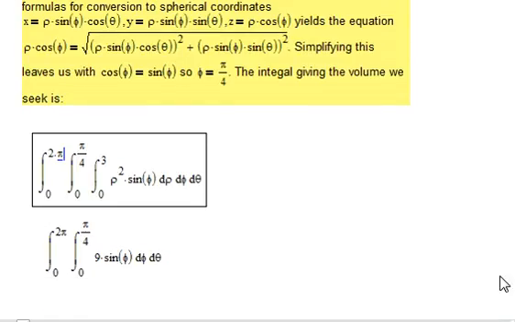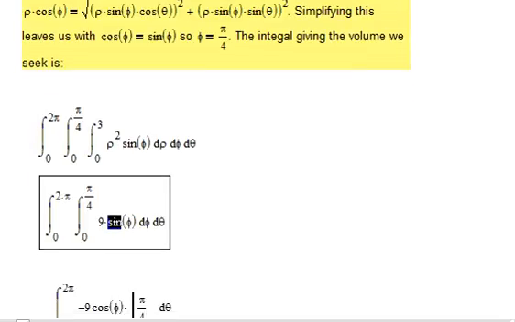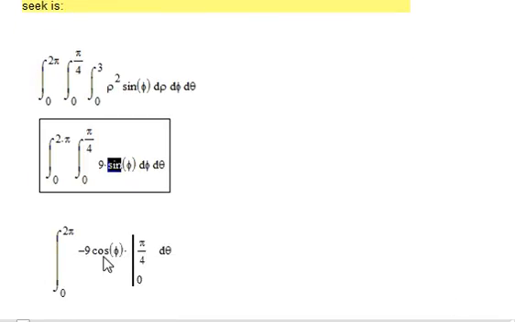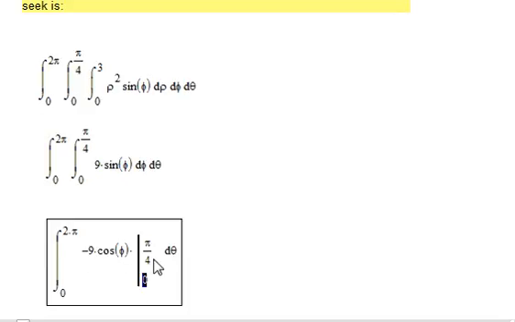So our first integration is going to give us 9 minus 0, so 9 sine of phi d phi d theta. Integral of sine is negative cosine, so it's negative 9 times cosine of phi, evaluated between 0 and pi over 4.